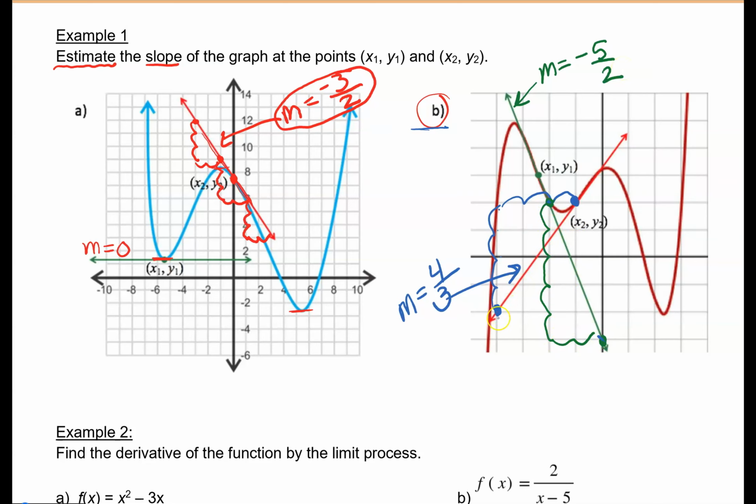For the red line that was hitting the curve at x2 comma y2, I chose these 2 points. Again, they were easy for me to read and used them to estimate the slope and found it was going up 4 and over 3. So a slope of 4/3 or 1 1/3 as the approximate slope for that second line.